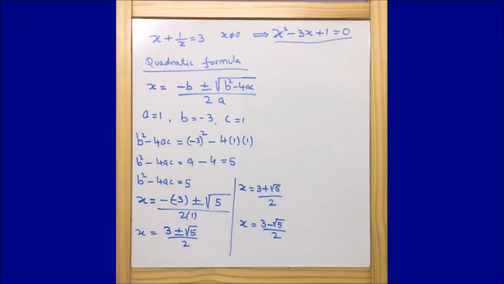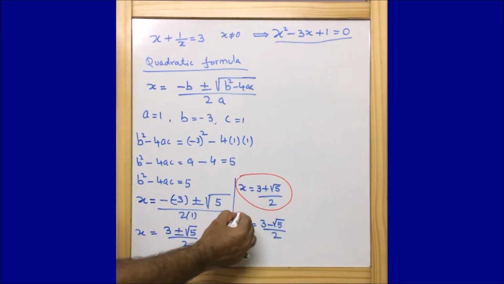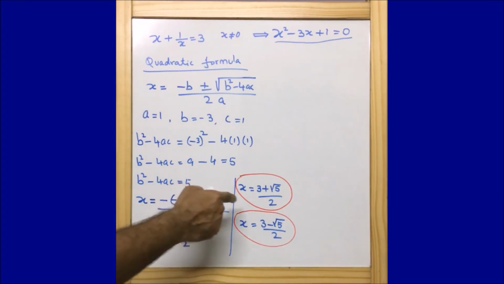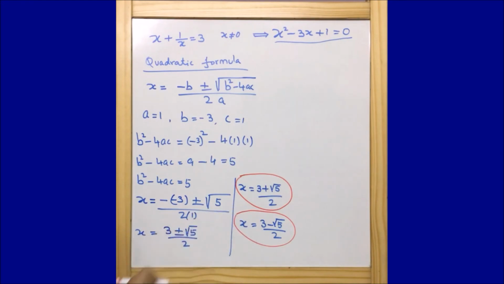Guys, these are the two roots that we are able to find for the quadratic equation that we got. One is x is equal to 3 plus root 5 by 2 and the other one x is equal to 3 minus root 5 by 2. Hope guys you understood this process or this calculation. This is pretty simple and very straightforward.